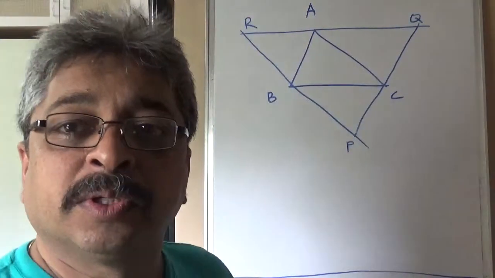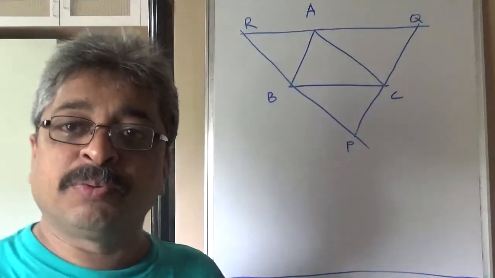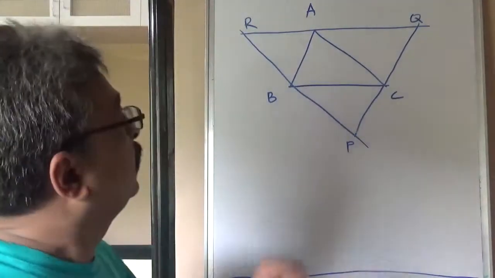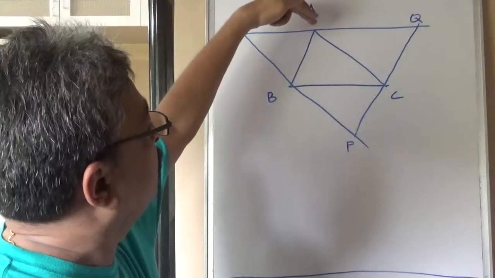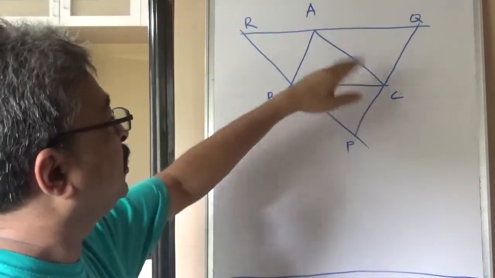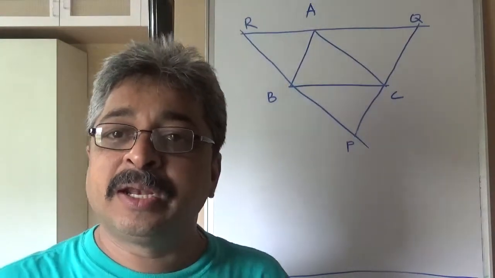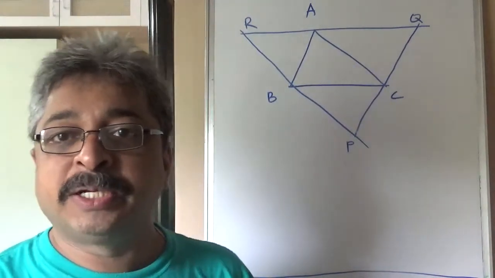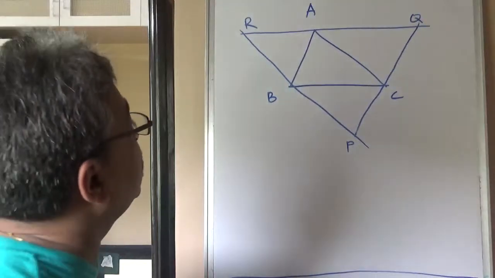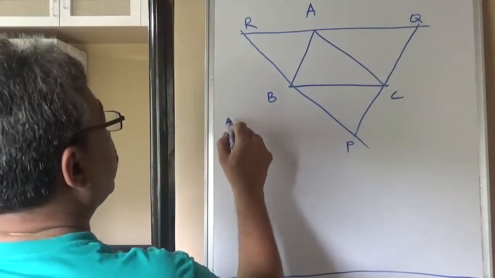There are a few sets of parallel lines in this diagram. For example, line AQ is parallel to BC, and AB is parallel to QC, and therefore there are different parallelograms in this figure by the definition of parallelogram. So let us list the parallelograms.